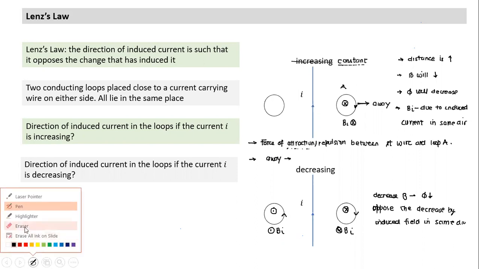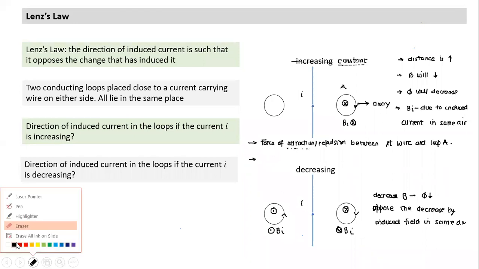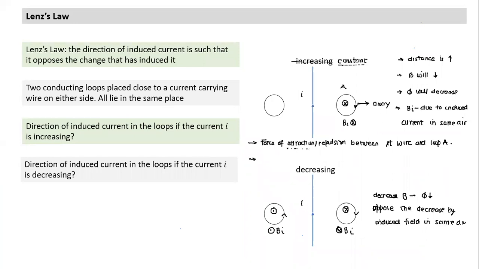Let me write this again. What is the factor causing change in flux? Away motion.